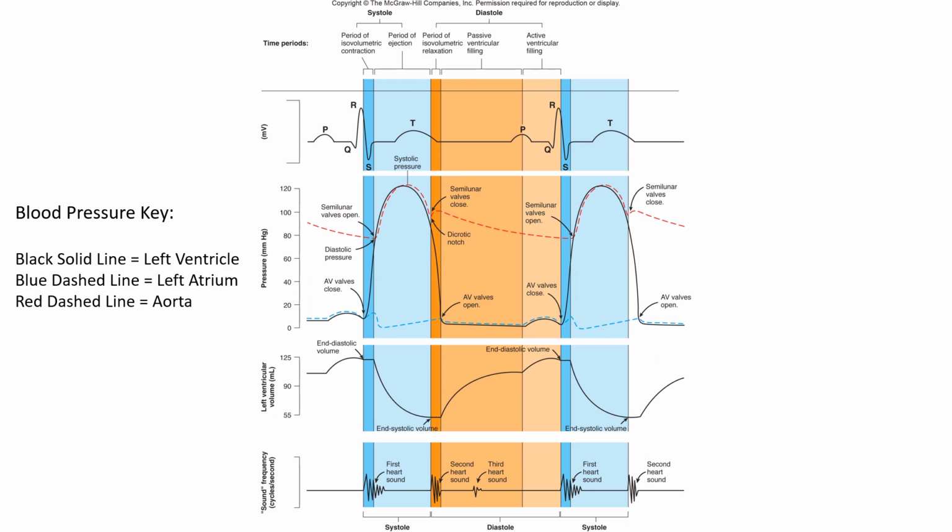When the pressure within the ventricle reaches the pressure within the aorta, it actually goes below that. The blood will start to flow back toward the semilunar valves and very quickly cause the semilunar valves to snap shut. And this starts again the period of isovolumetric relaxation, where the ventricles diastolically relax and pressure quickly falls within the left ventricle.